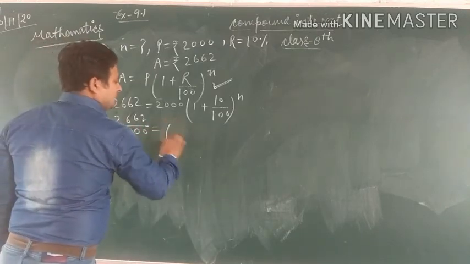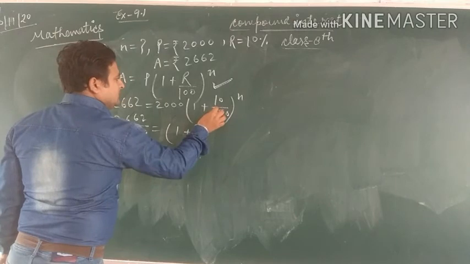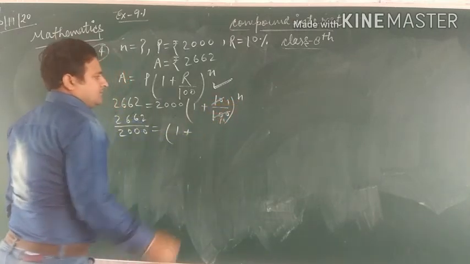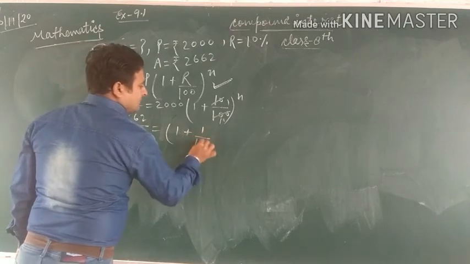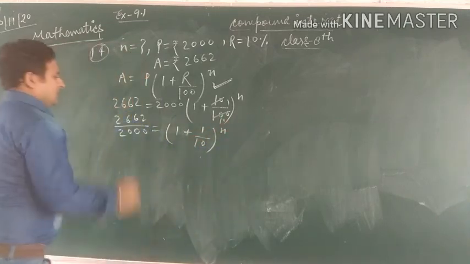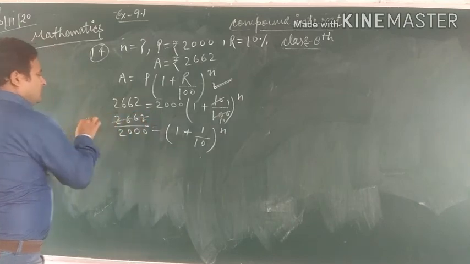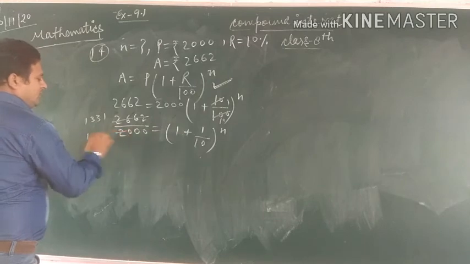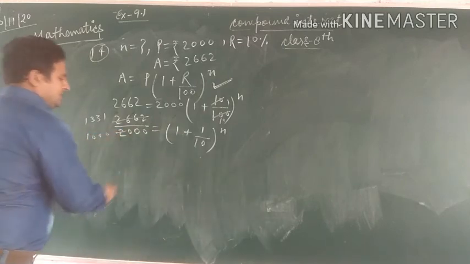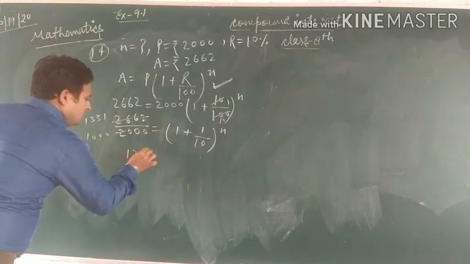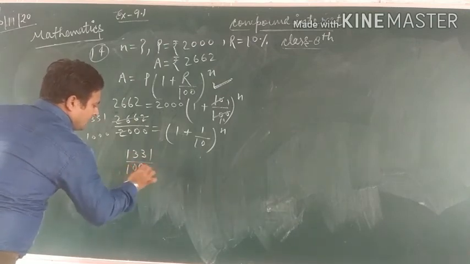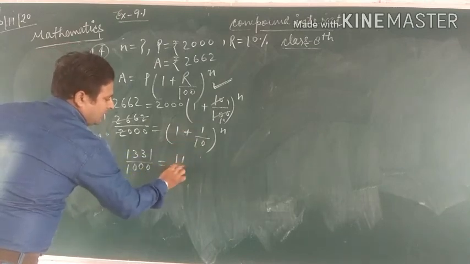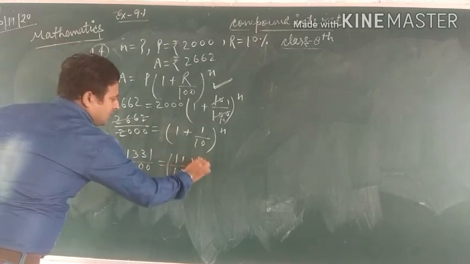It equals 1 plus 10 by 100, that is 1 upon 10, to the power n, which is 11 upon 10. Cut it. 2 1s are 2, 2 3s are 6, and so on, and these 3 zeros. So in the next line you will write 1331 upon 1000 equals 11 upon 10 to the power n.